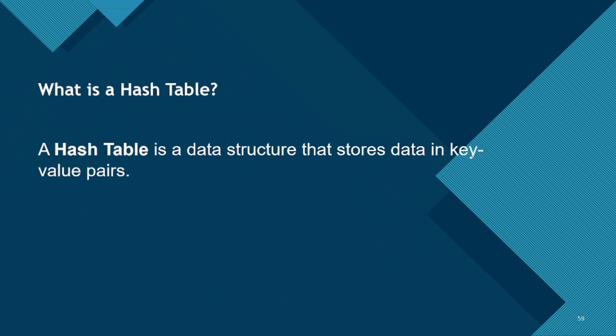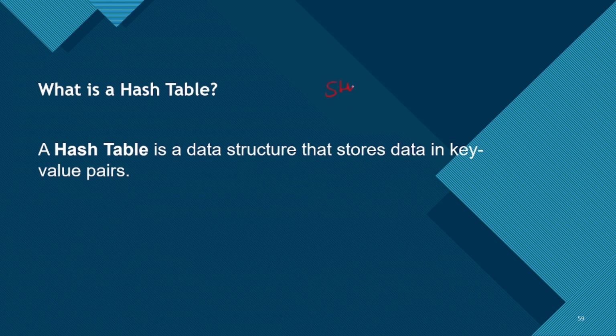The first question is, what is a hash table? A hash table is a data structure that stores data in key value pairs. Think of it like a dictionary. You use a key, like a word, to quickly access its associated value, like the definition of that word. Let's take one example: say we want to store student information.